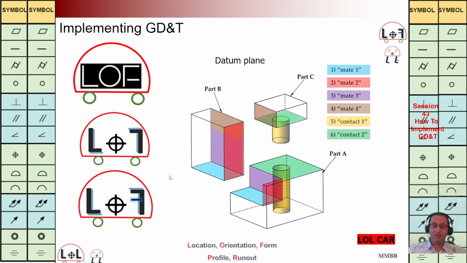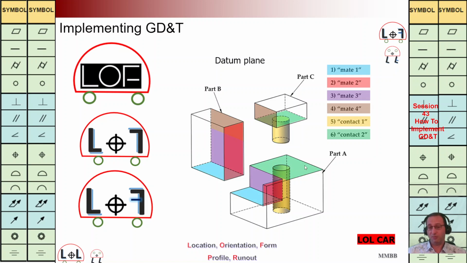Here, as we have mentioned, the first item is to define datum references. For this example, as we can see here in the middle, we are going to have three components that are in contact. The contact areas are going to be represented with the same color, as we can see. This blue face is going to see this blue face.